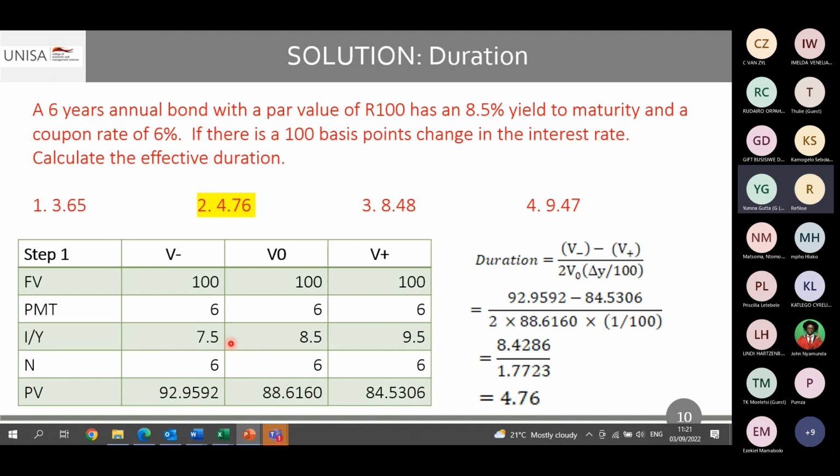Let me just emphasize, V minus is your present value minus 1%, the change in interest rate. And V plus is plus the change in interest rate. In your duration formula, in your numerator, we're doing V minus less V plus.